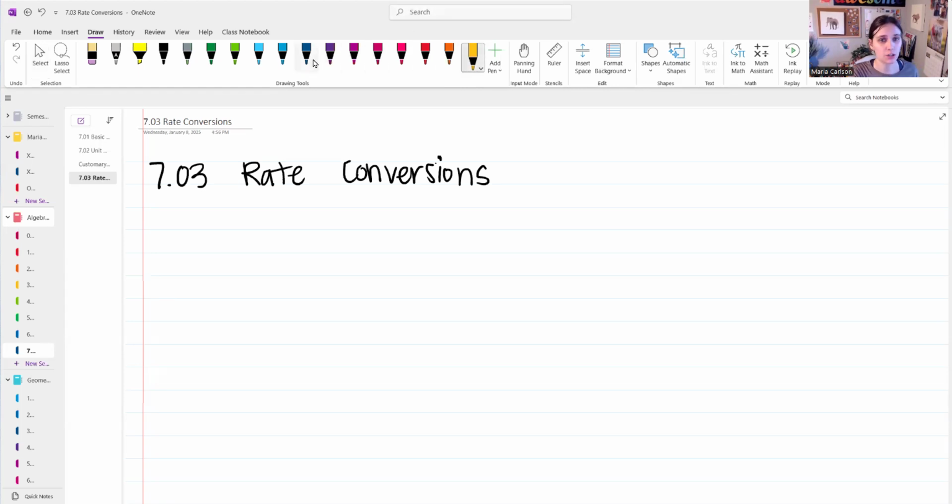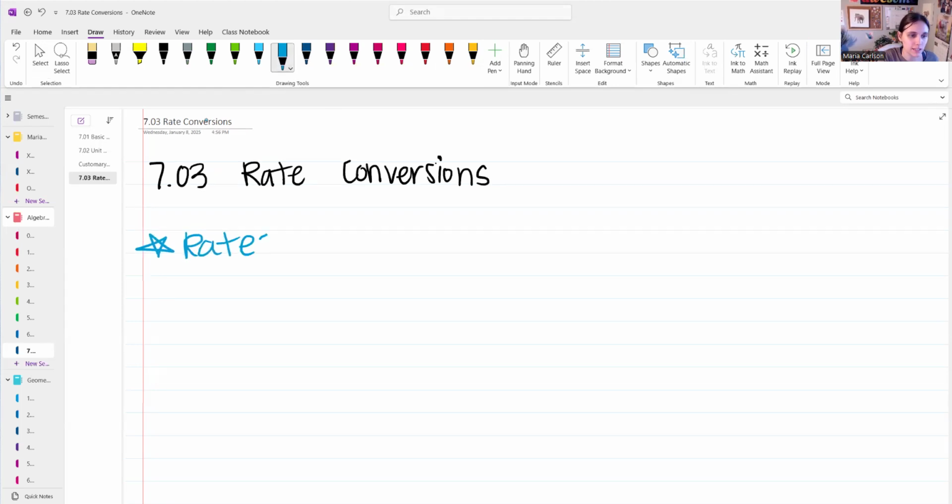The first thing I want to talk about is that a rate, or rates in general, for example, if we have 60 miles per hour, can be expressed as a fraction, right?